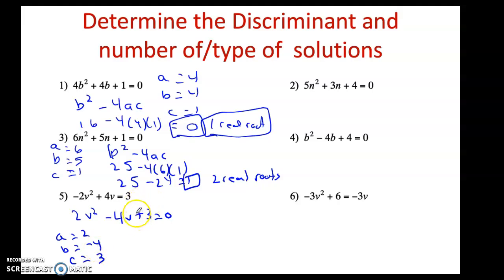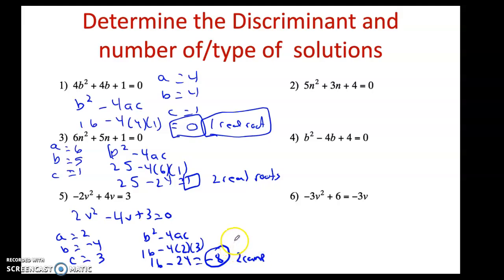So when simplifying this, we're going to have b squared minus 4ac, and we're going to have 16 minus 4 times 2 times 3, which gives me 16 minus, so this is 8 times 3 is 24, which gives me negative 8. So my discriminant is negative 8, which gives me two complex roots.